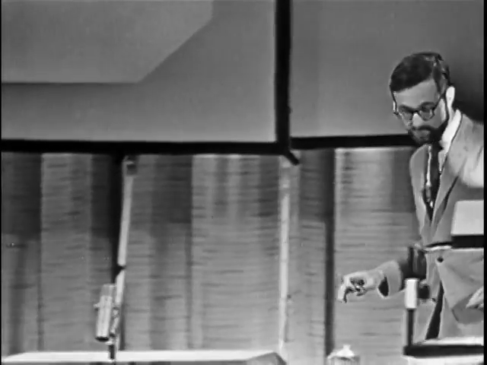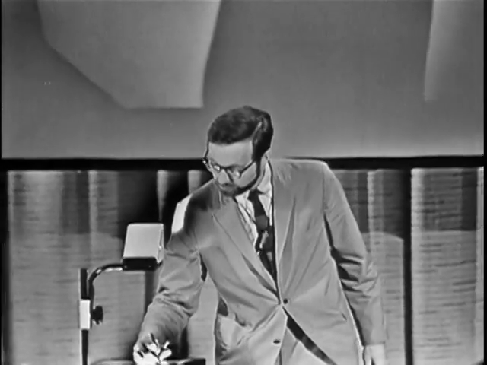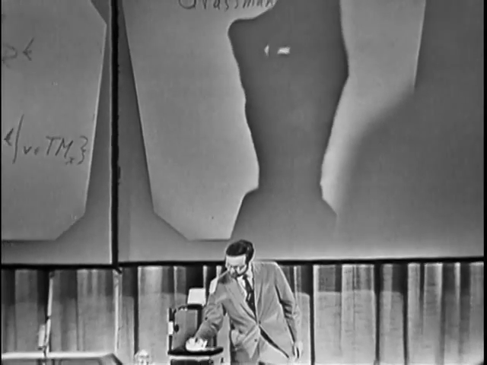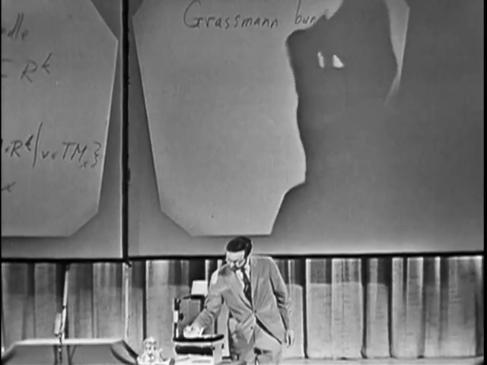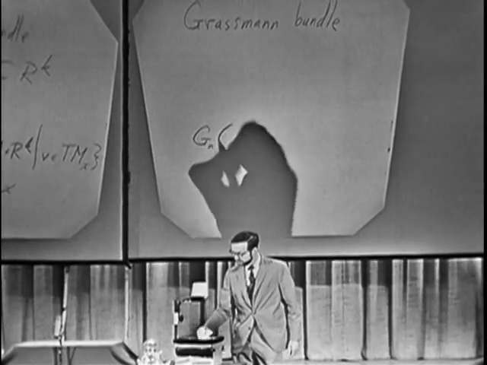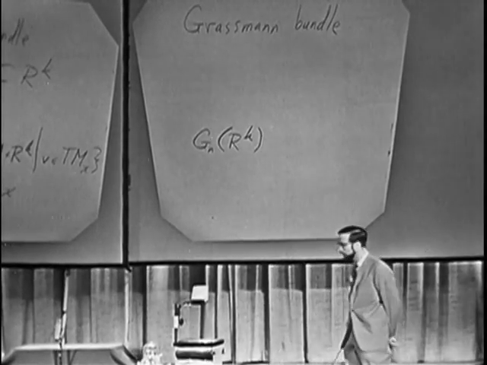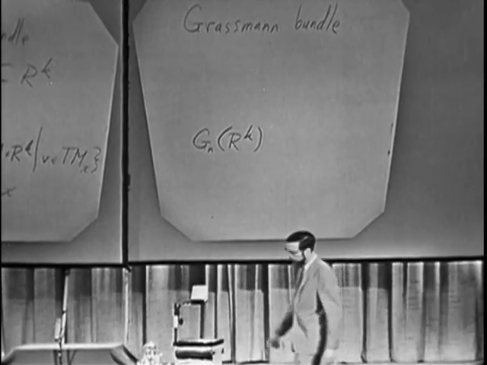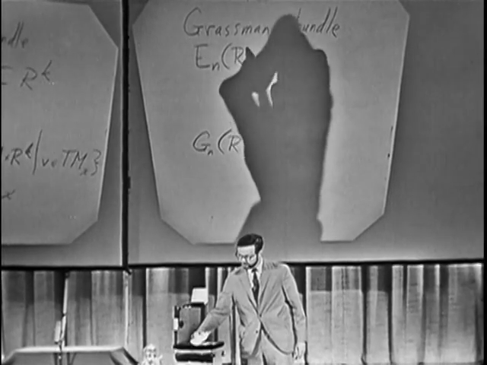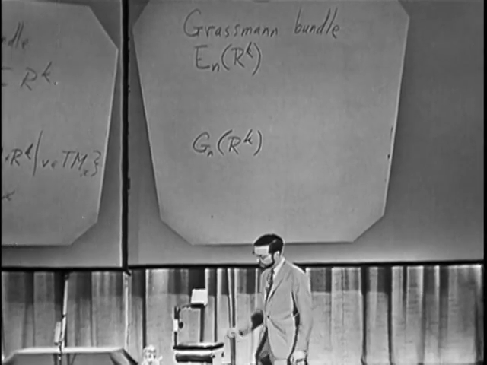And here is another important example, namely the Grassmann bundle. Here, the base space will be our Grassmann manifold, which we think of intuitively as n-planes through the origin in k-space. And the total space, E_n(R^k), will be defined as follows.